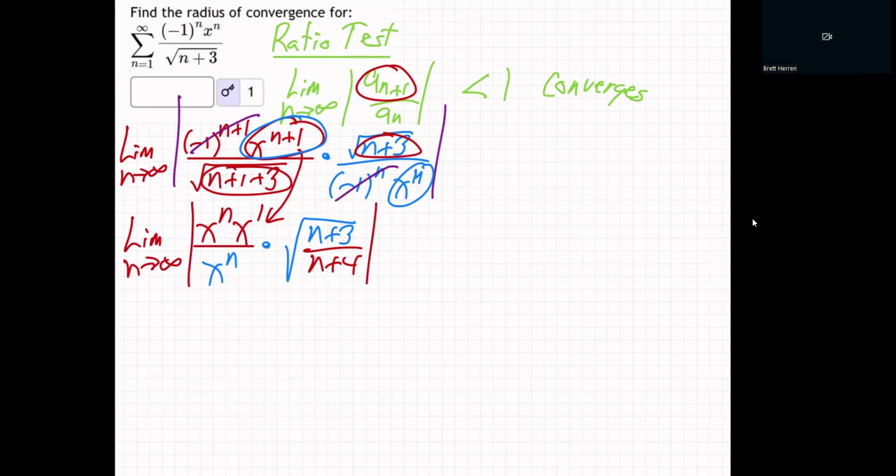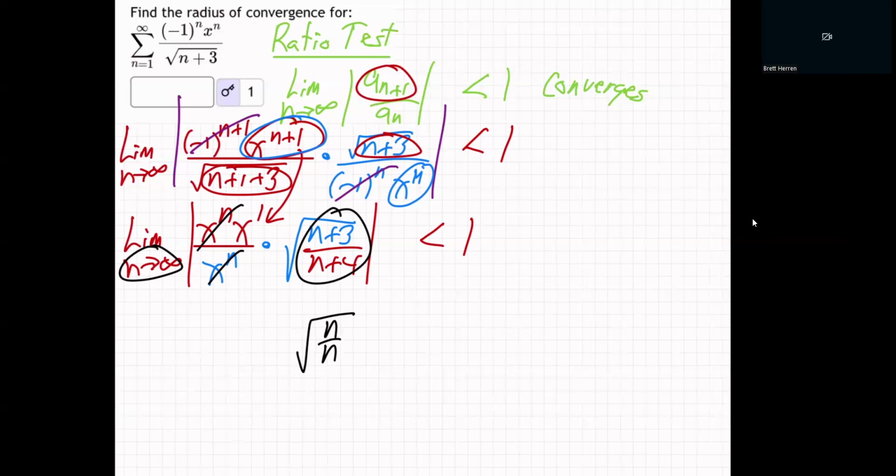Still the absolute value, and you want that less than 1, because that's when it converges. So what's going to happen? This cancels this. And as n goes to infinity, it's all about the highest power term on the top and the highest power term on the bottom, because if you're going to infinity, who cares about plus 3 or plus 4? So it's just the absolute value of x less than 1.